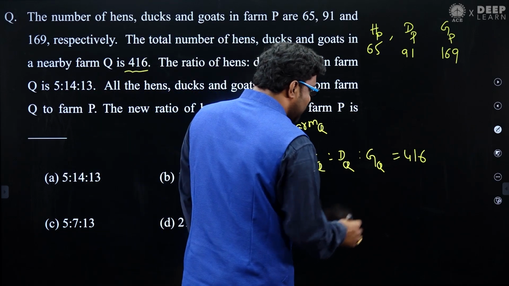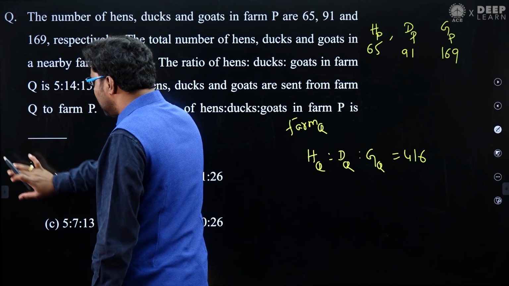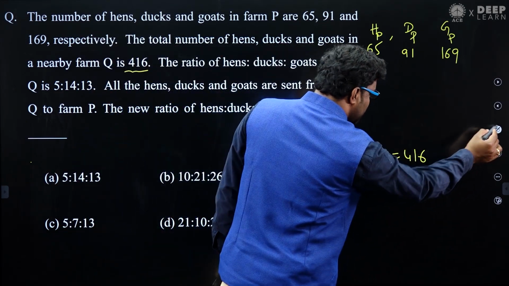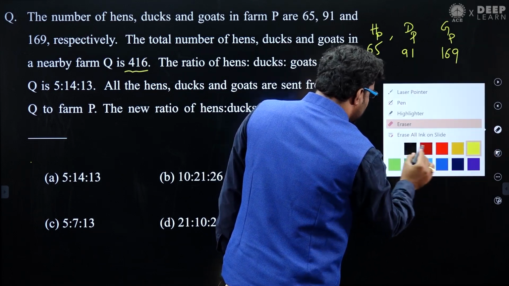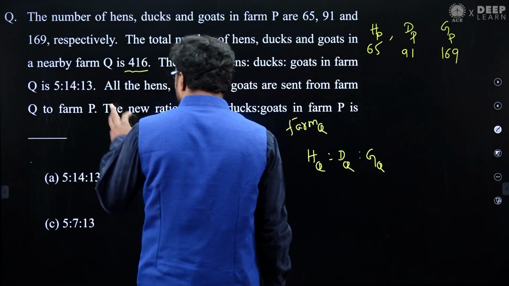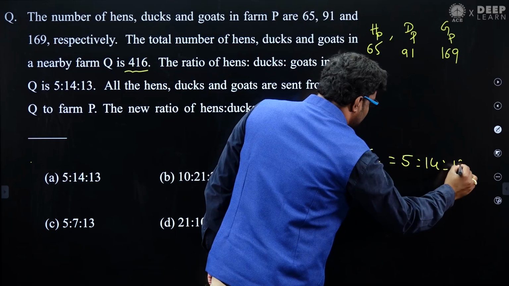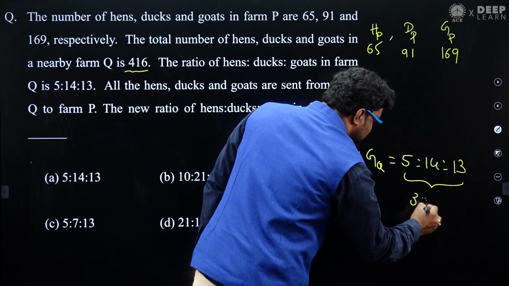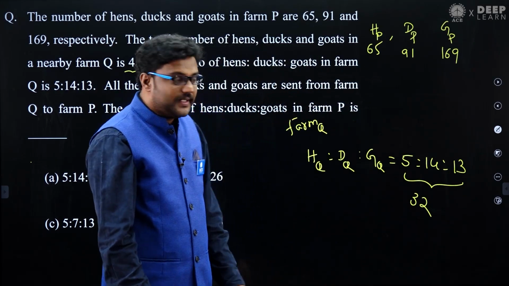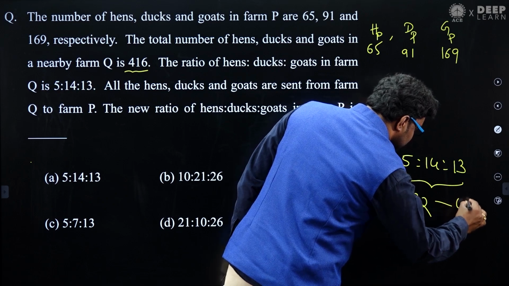This altogether is not a ratio, 416 is the total value, no need to mention in that way. This ratio is 5, 14 and 13, my dear friends. Now if you add all this, we have to get 32. 5 plus 14 plus 13, 32, but you want 416.